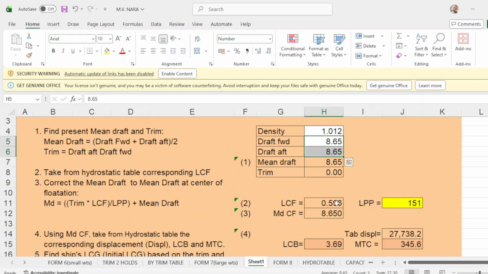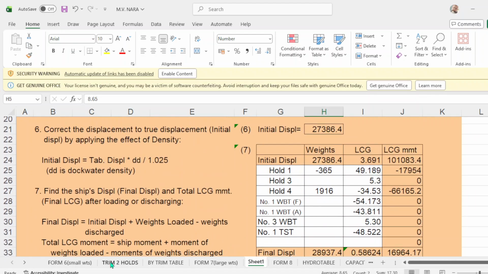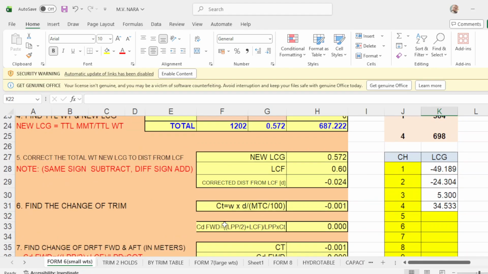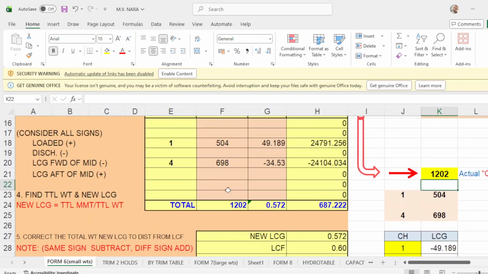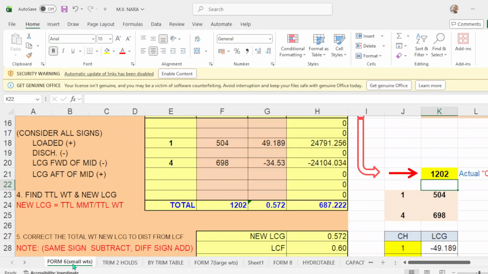Okay, and number 1 would be how much? 504, here 504, 4989. Number 4 will be 698.